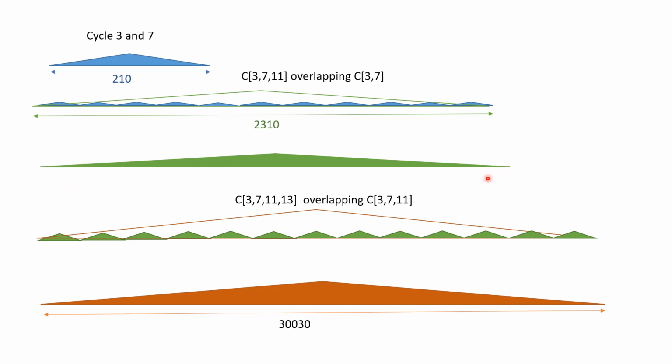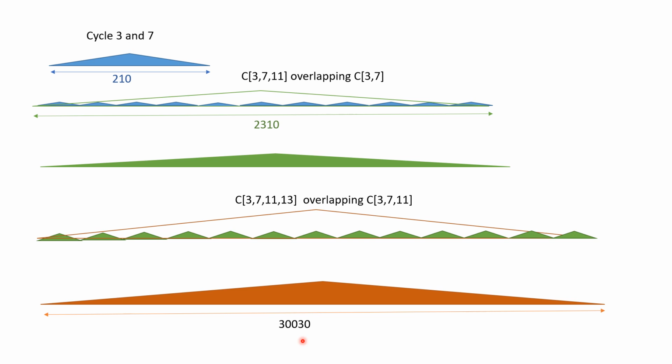This cycle now is going to have 21 empty boxes, and this cycle is going to be repeated 13 times to form this new cycle, with all the 21 empty boxes repeated 13 times, but with the flips that are going to be produced by the relevant multiples of the prime number 13. And at the end, we're going to have the cycle of 3, 7, 11, and 13, from 3 through 13, that's going to go to 30,030.